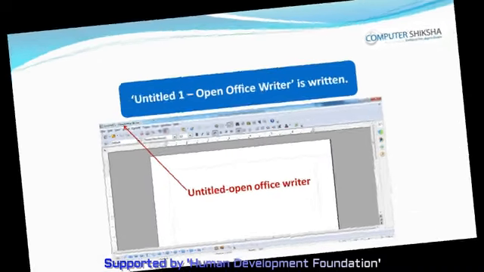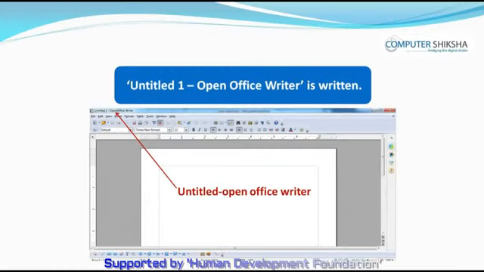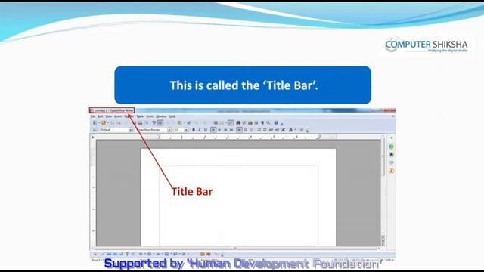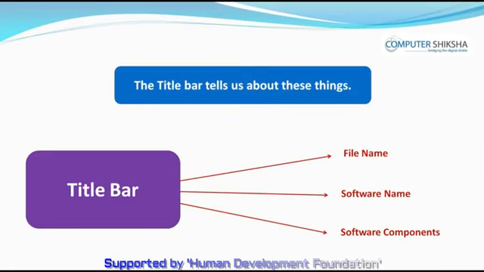If you look at the top of the Writer page, where you can see an arrow-like symbol, you can also see the words Untitled 1, OpenOffice Writer written there. This is called the title bar. The title bar tells us the file's name, the component's name, and also the name of the software.